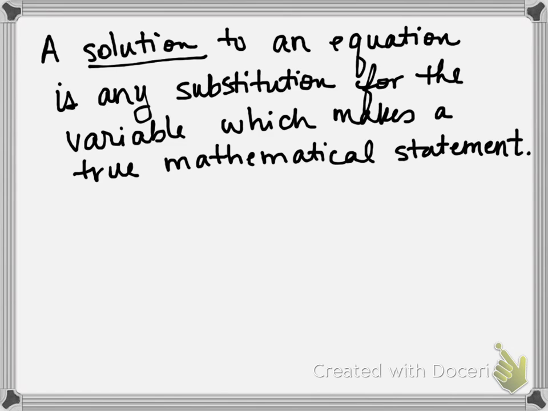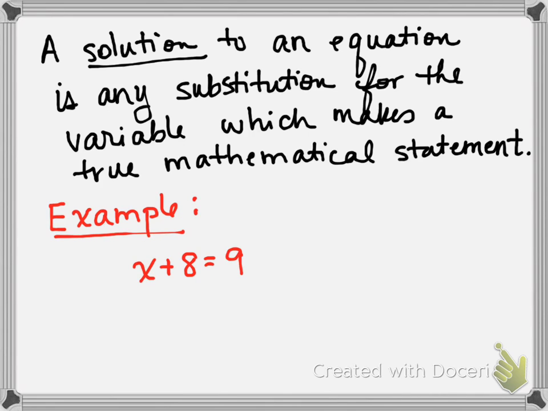Solutions are ones where we replace that variable with a specified value and we get a true mathematical statement. So let's do examples. x plus 8 equals 9. That is an equation. A solution to this equation would be x equals 1. Why is that? Because if we replace x with 1, 1 plus 8 equals 9 is true.